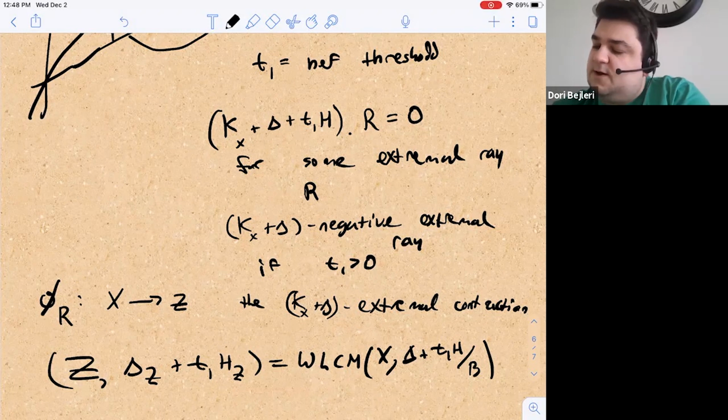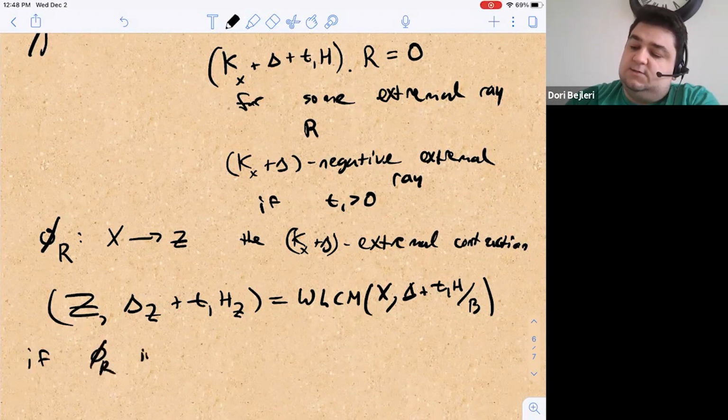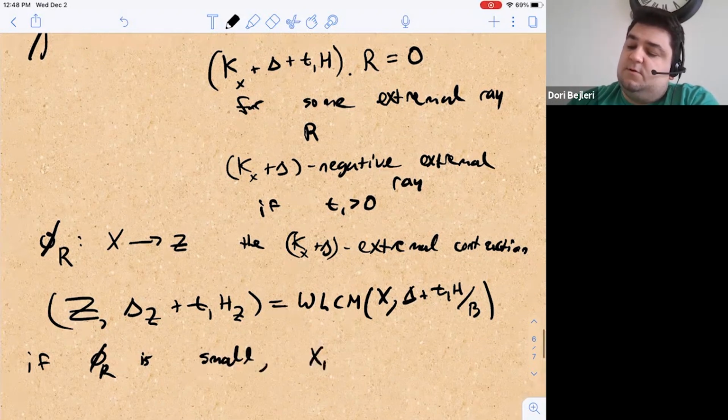And now the idea is to just continue. So if V_R is small, we let X1 be the flip, if it exists.